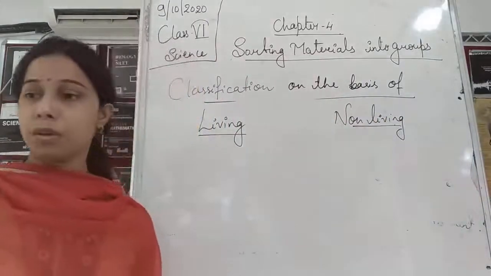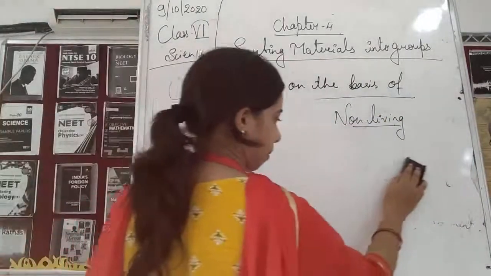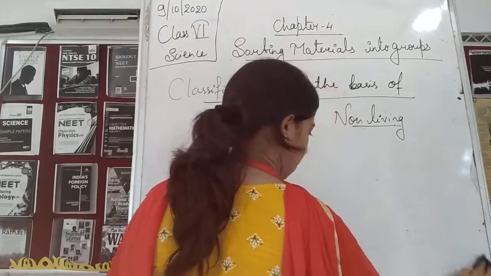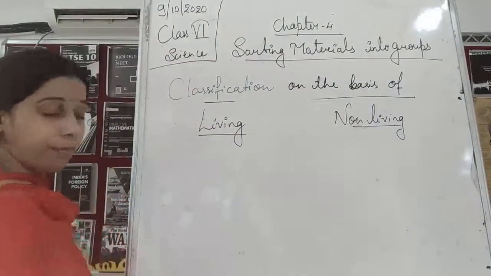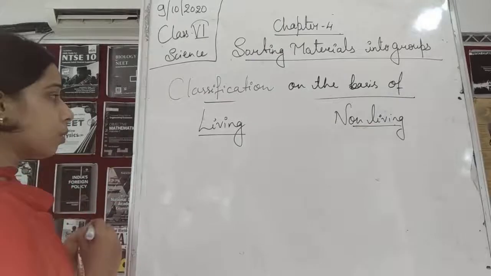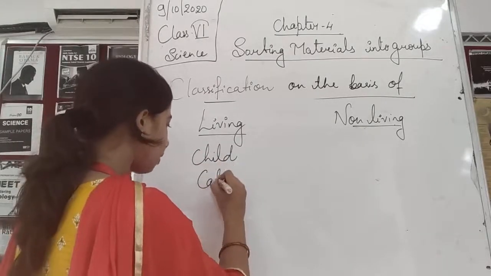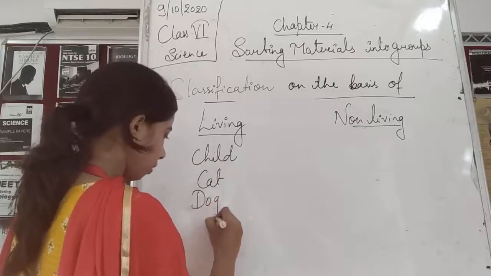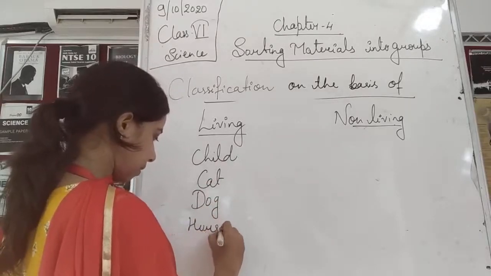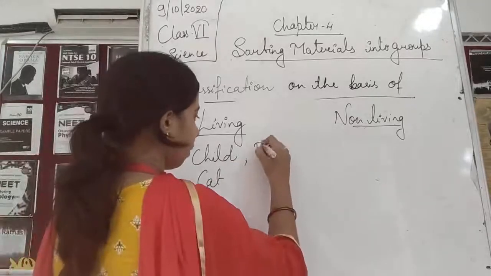If you talk about living things, students: child, cat, dog, horse, okay, birds.